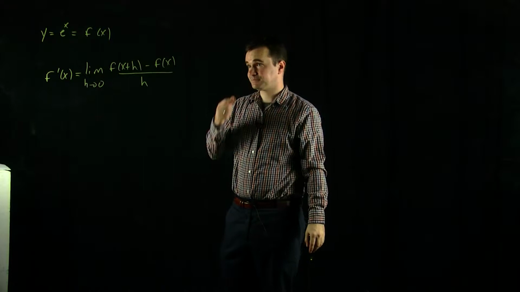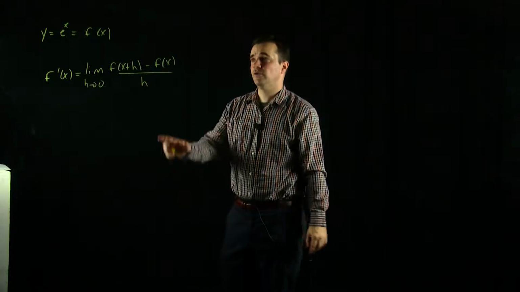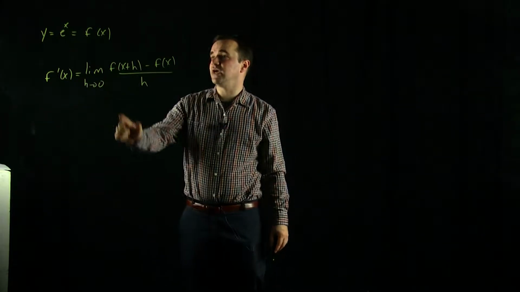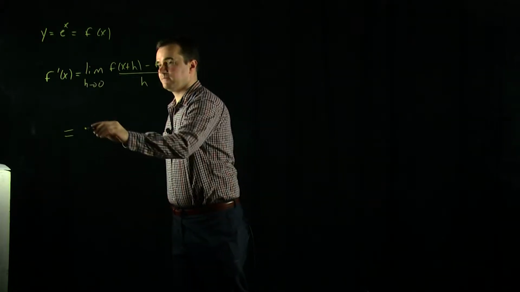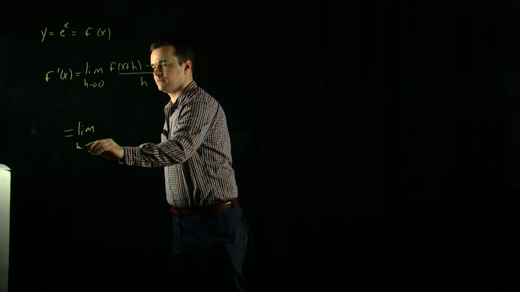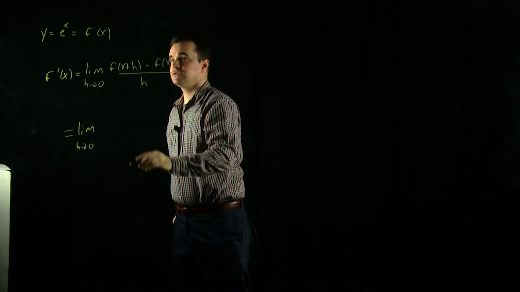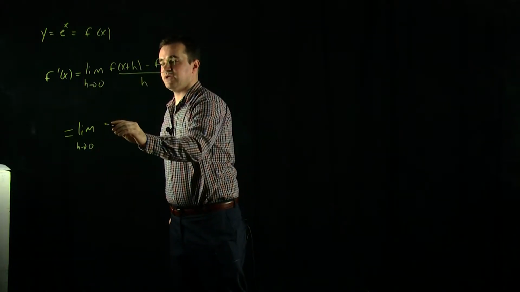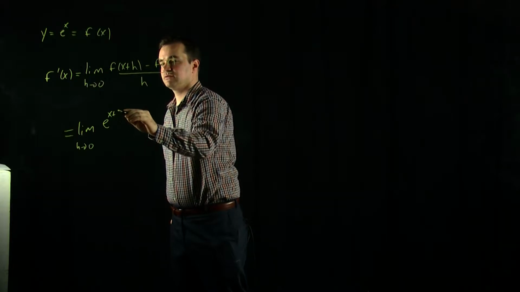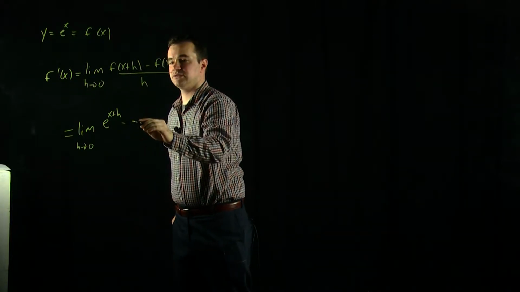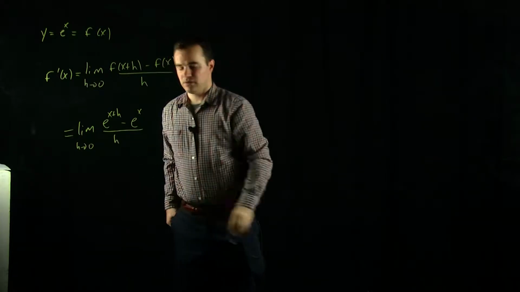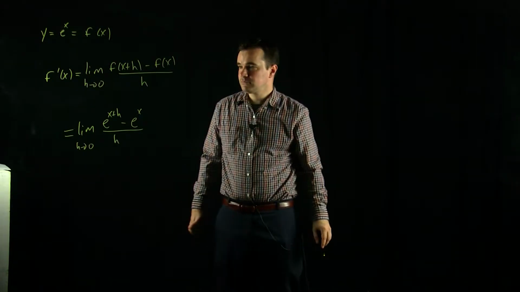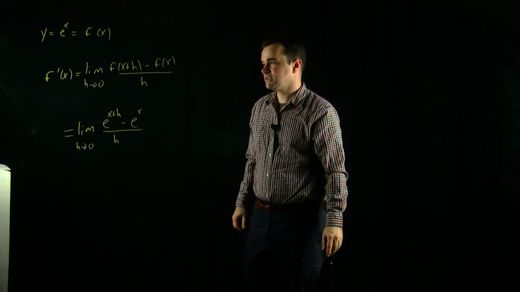So let's just expand this out. Let's plug in e to the x for f of x. Let's see what we get. So I'm going to be plugging in x plus h, giving me e to the x plus h minus e to the x all over h. So I have to figure out what to do with this.